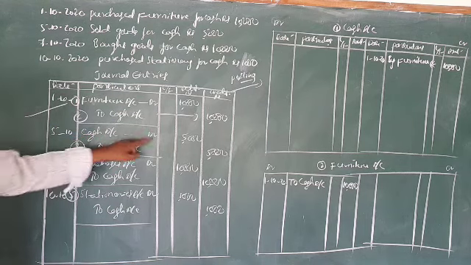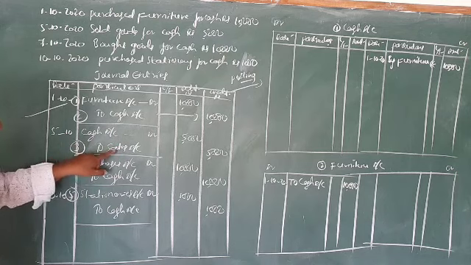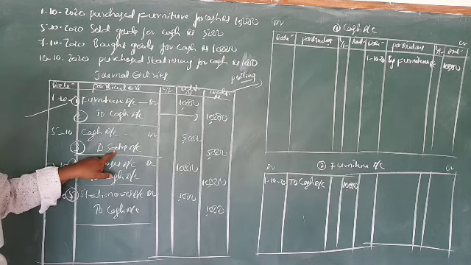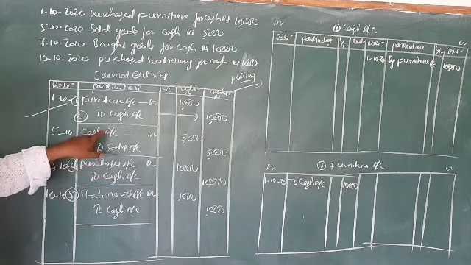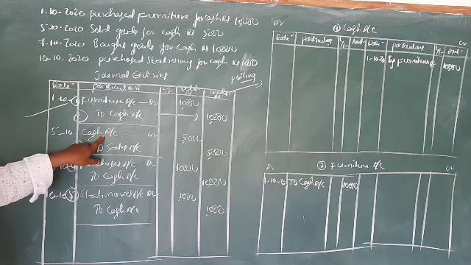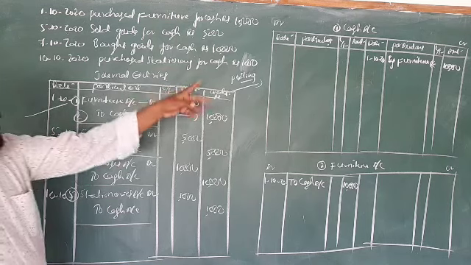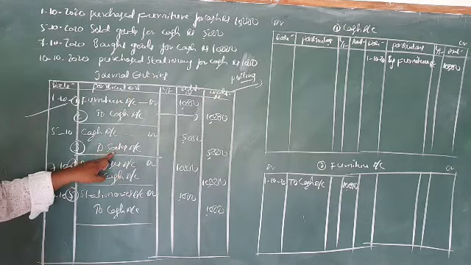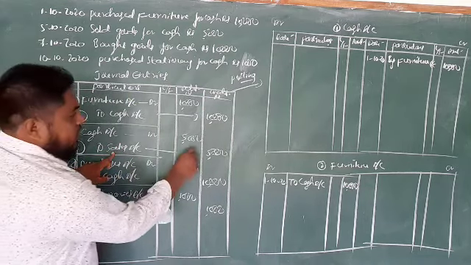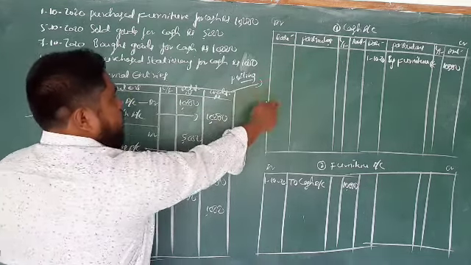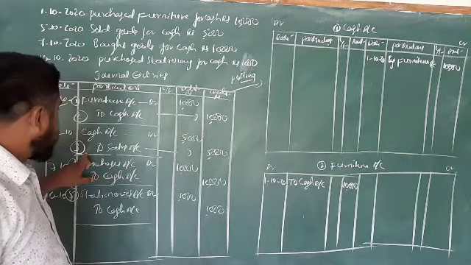Second, cash account debit to sales account. In the cash account we have to enter sales, and in the sales account we enter cash on the opposite side. Sales is on the credit side, so in the cash account it goes on the debit side.